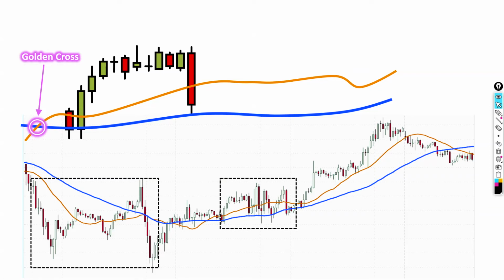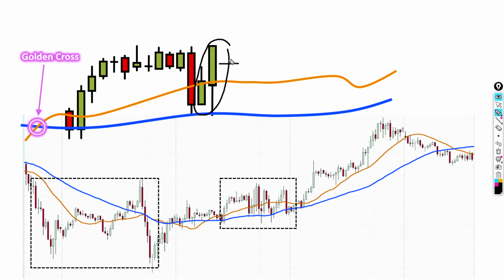Then they start to shake them out with a huge red candle, flush them out, and after that they have got some buy orders. It creates some bounce over there and more shakeouts. Now you see more recovery, and this green candle right here gives a lot of optimism to the market.